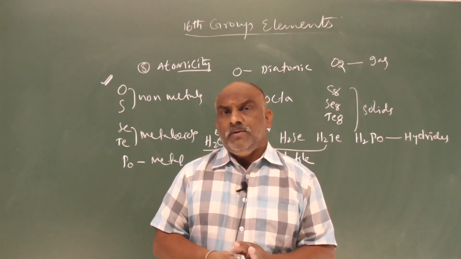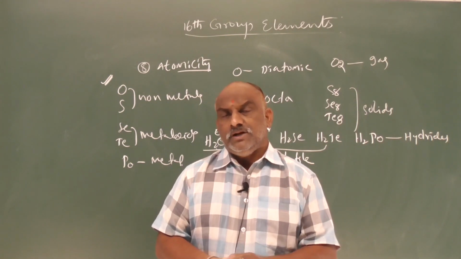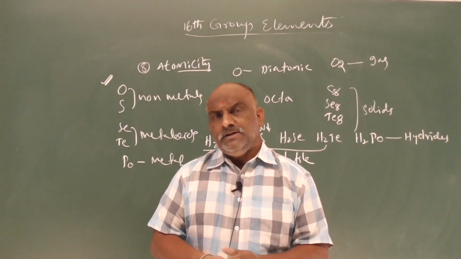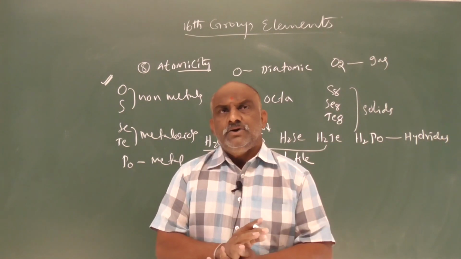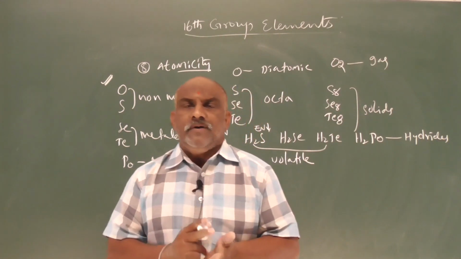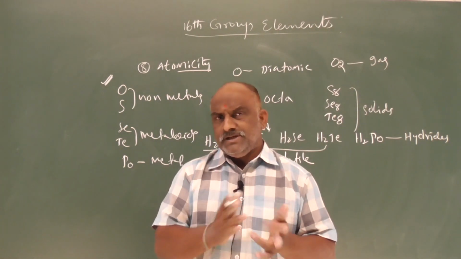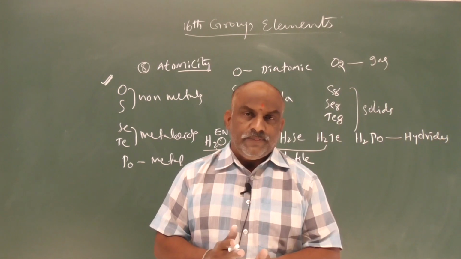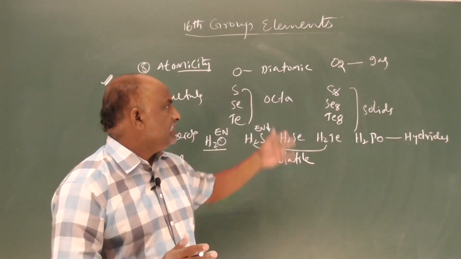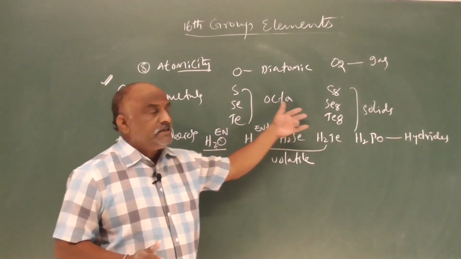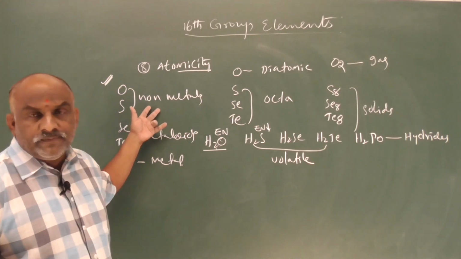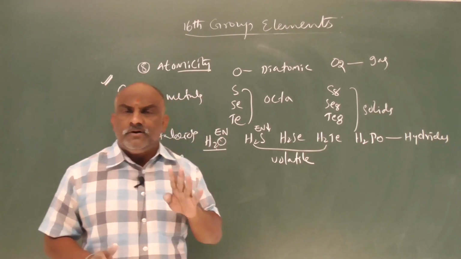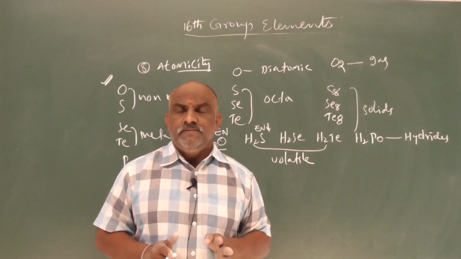Why do melting and boiling points suddenly increase from oxygen to sulfur? The values are given in the NCERT text, we should go through that. Next, IP values, comparing with 15th group and 17th group elements. Next is atomicity, and next is metallic character. These 4 points are very, very important from today's class.